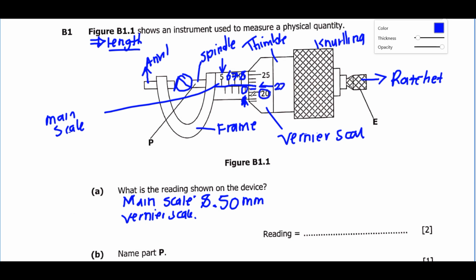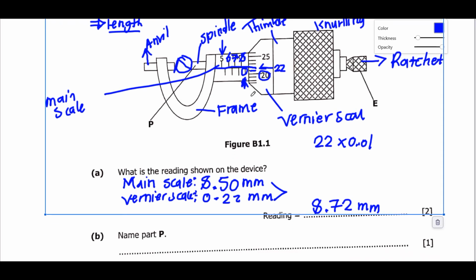So the reference line is on point 22. So you say 22 multiplied by 0.01, which is giving us 0.22. So if we add these two numbers, we are going to get 8.5 plus 0.22 is 8.72 millimeters. So this is our final answer.